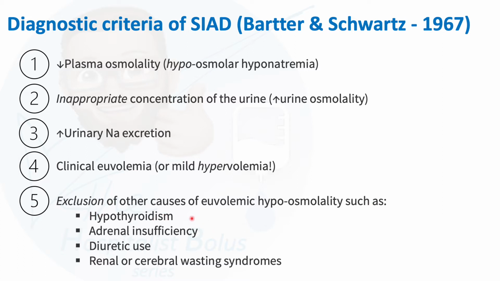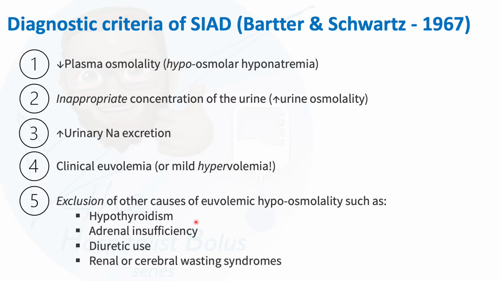Usually hypothyroidism as a cause of hyponatremia occurs only when it's really severe. So most of these patients will have some clinical features to suggest hypothyroidism. They may have some confusion, bradycardia, cold intolerance.